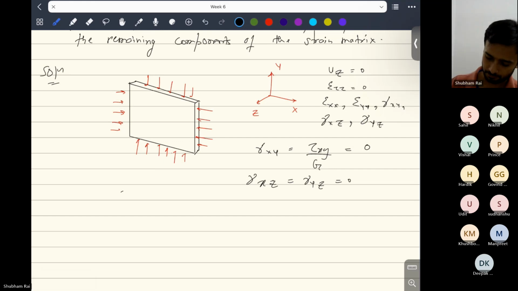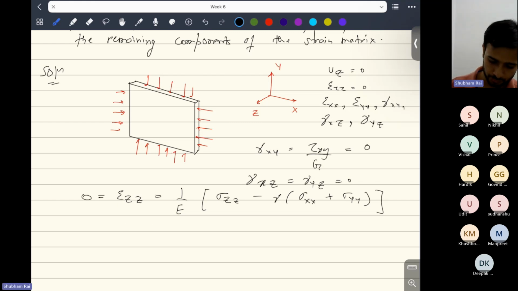And now since your epsilon zz is 0, so epsilon zz in terms of stresses from three dimensional Hooke's law will be sigma zz minus mu times sigma xx plus sigma yy. Since epsilon zz is equal to 0, we can say that your sigma zz is equal to mu times sigma xx plus sigma yy, right?